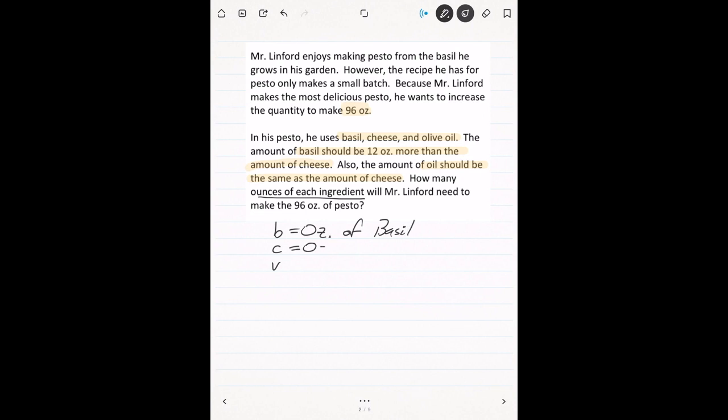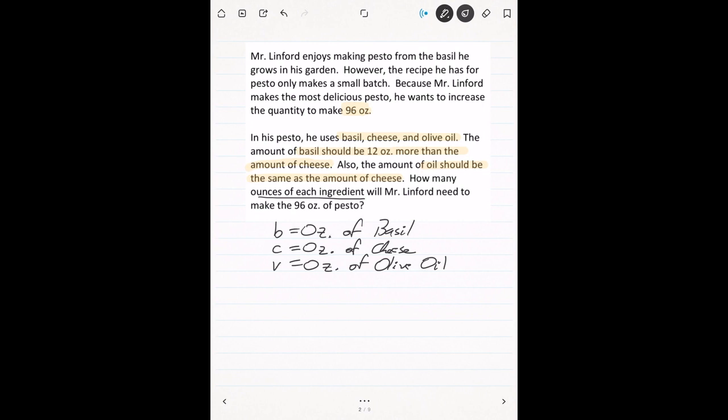C here is the ounces of cheese. And V we're going to say is the ounces of olive oil. In the past, I've had people say, why don't you go ahead and use O? Well, that looks like 0, so try to avoid that. So we'll use V here.